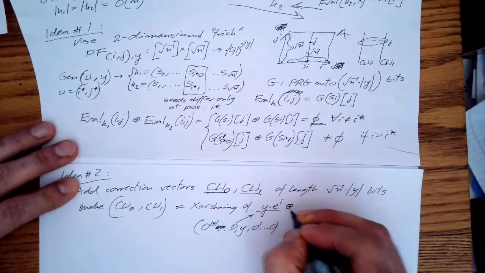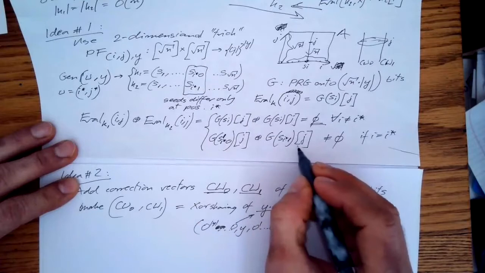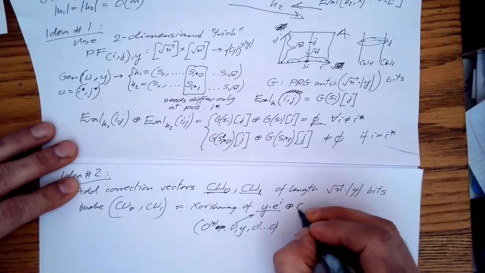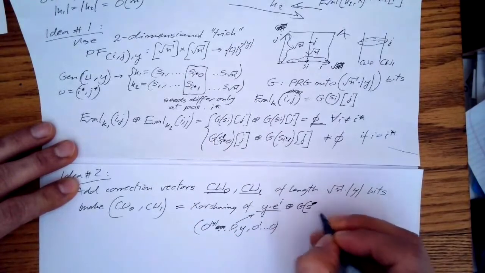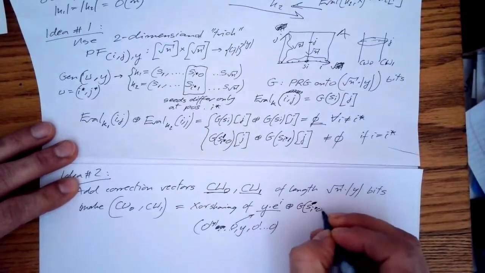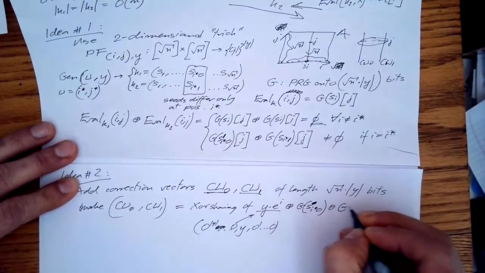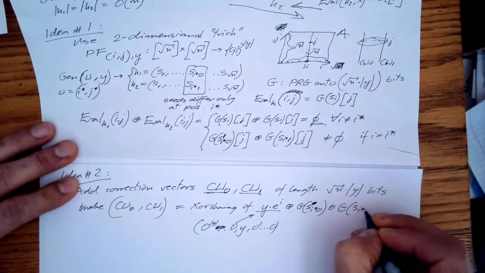But we also have to cancel out this stuff. So we want to cancel out G applied to S_i* 0 and G applied to S_i* 1. Sorry, that was a typo.